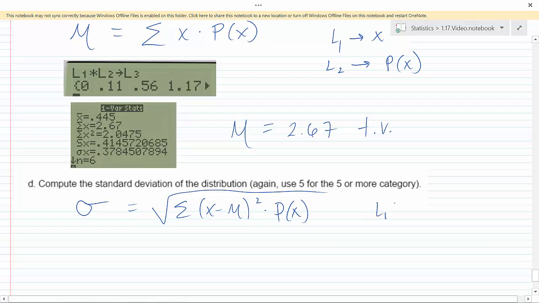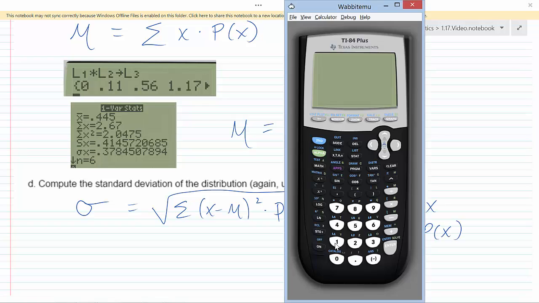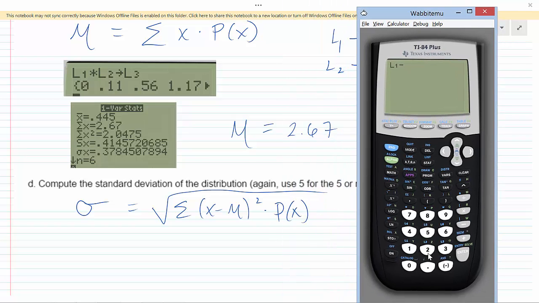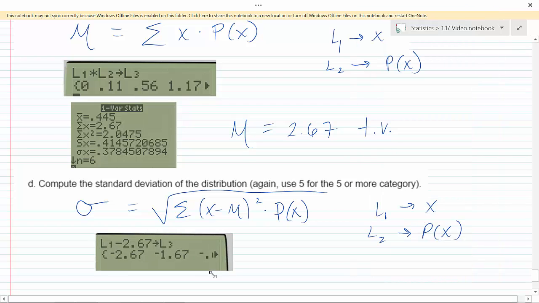So again, L1 is x, L2 is p of x. L1 minus my expected value, 2.67, and I'm going to store that in L3 because we don't need what's in L3 anymore. That part of the formula, what I just did, was the x minus mu.